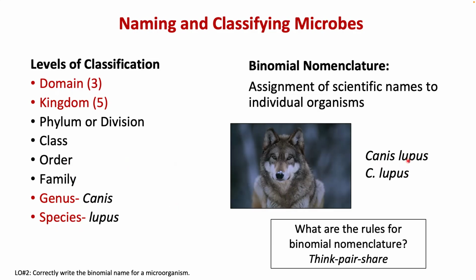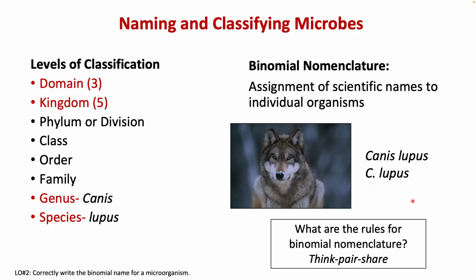There is also another rule, which is that you italicize them in print or underline them by hand. And since this is already known, Canis lupus, you can abbreviate the genus name and then write the species name, which is also widely accepted.